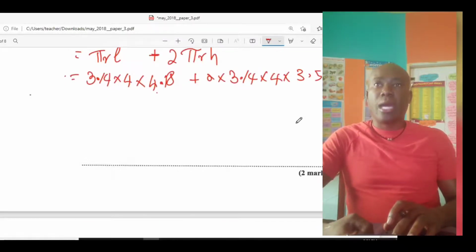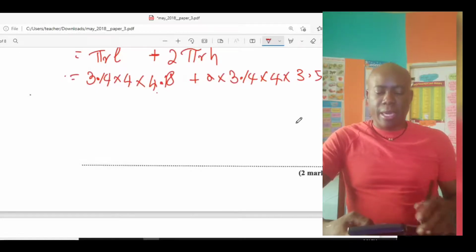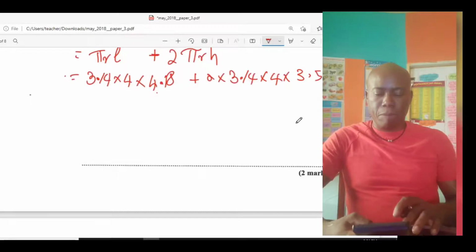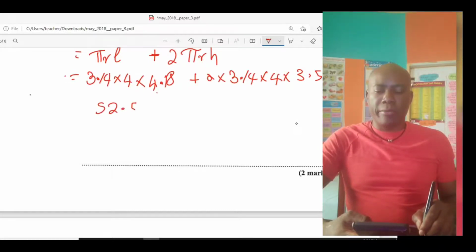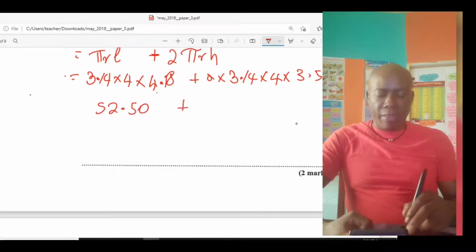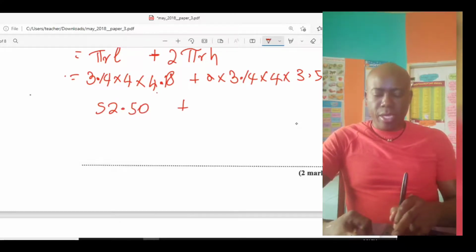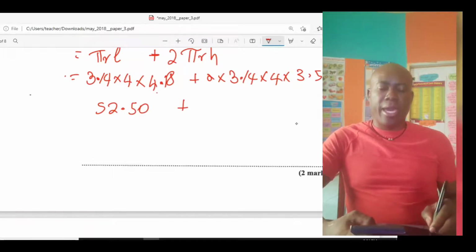3.14 times 4 times 4.18. So I'm getting here 52.50, and then the other part is 2 times 3.14 times 4 times 3.5, and I'm getting 87.92.